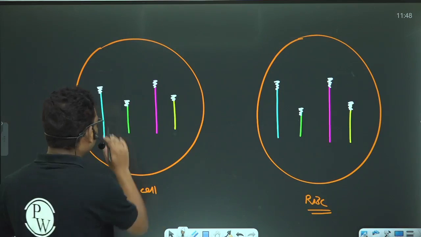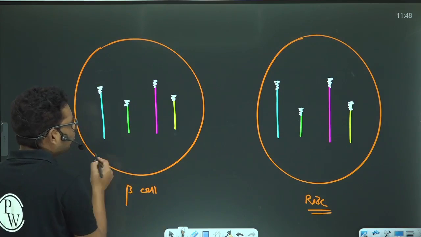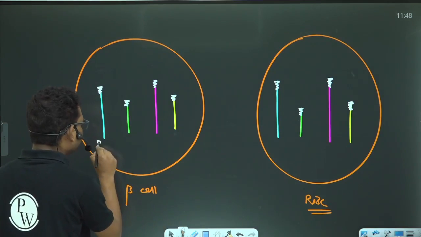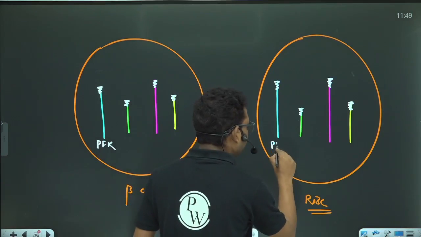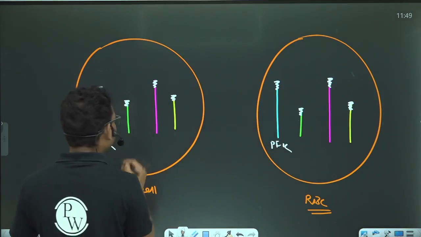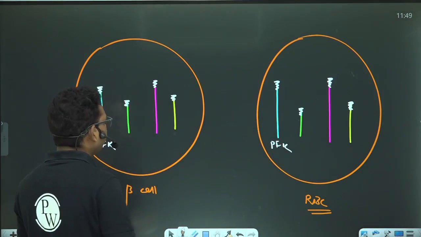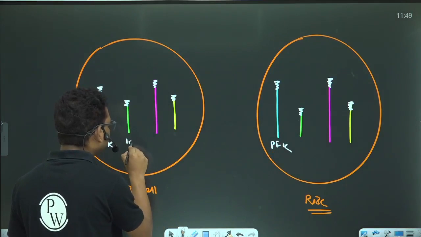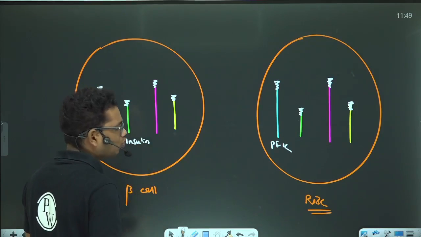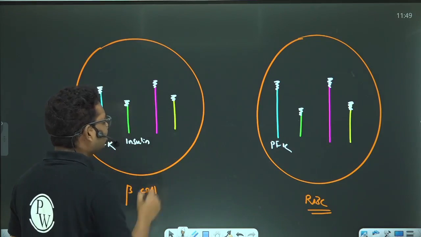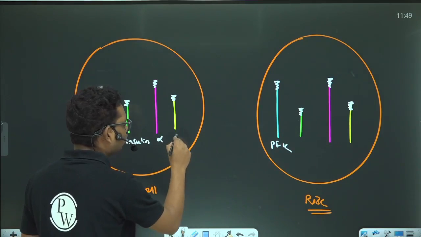Suppose this is the gene responsible for producing phosphofructokinase, an enzyme involved in glycolysis. And suppose this is the insulin forming gene, this is the alpha chain forming gene, and this is the beta chain forming gene.